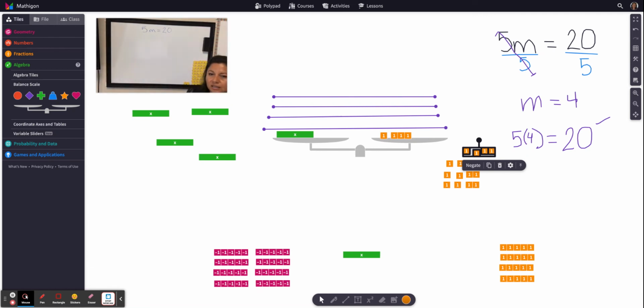Another way that I like to think about it is I can think about it as this 5m is saying that I have 5 boxes. So 1, 2, 3, 4, 5 boxes. And inside those 5 boxes, I have a total of 20 counters, right? So in order for me to end up with 20 counters, I need to figure out how many are going to end up in each box, right?